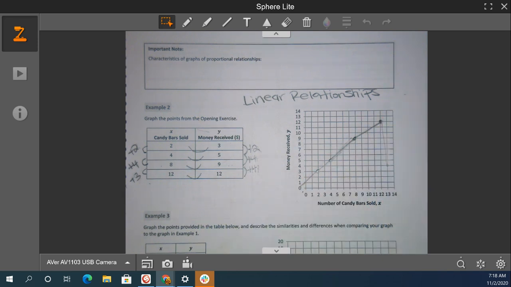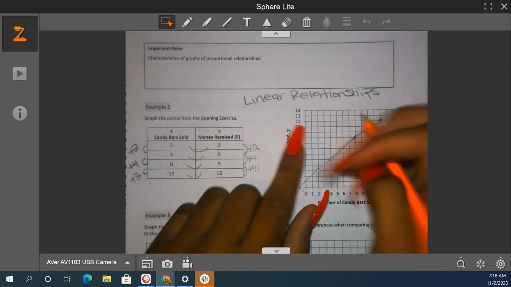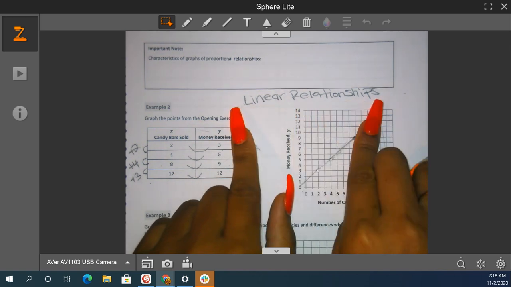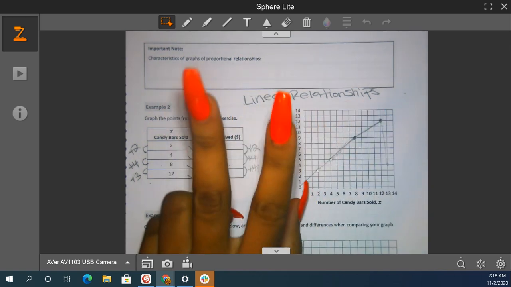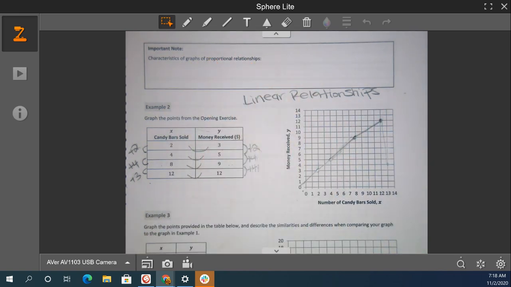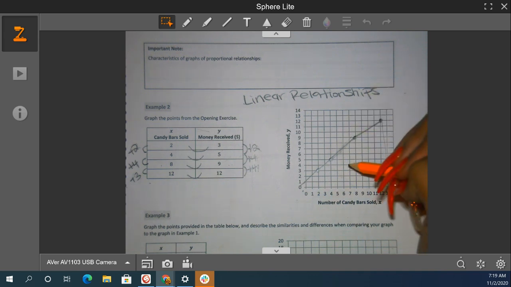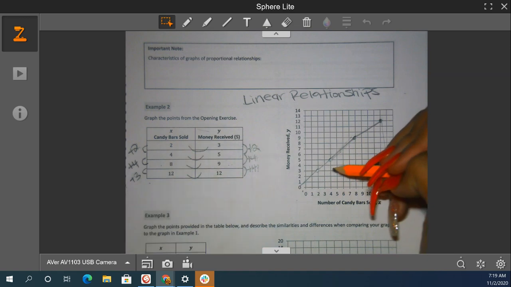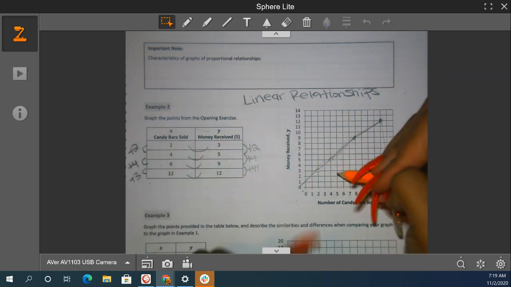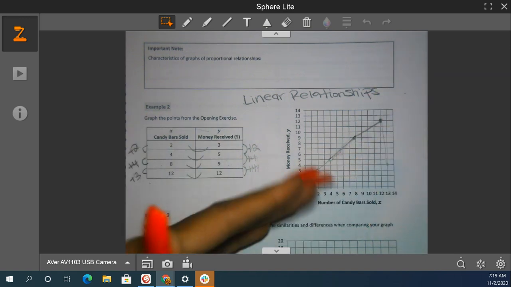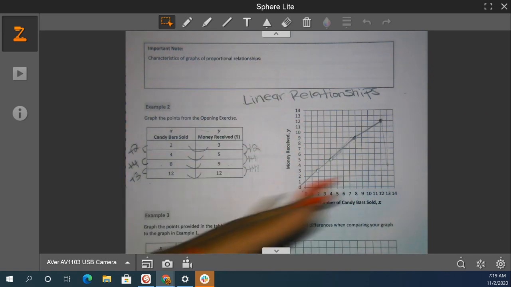Okay? So with that being said, I'm going to introduce to you linear relationships. You have two different types of linear relationships: proportional linear relationships, and non-proportional linear relationships. What that means is linear relationships are graphs that have a constant rate of change.